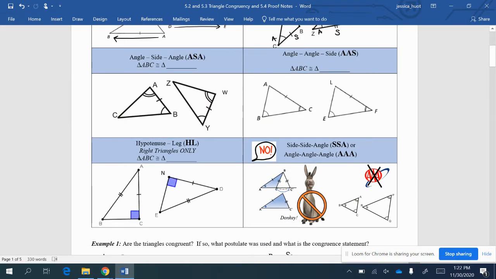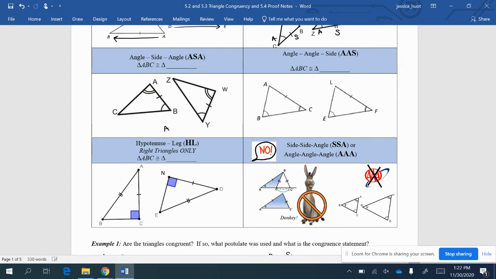And then I have angle, side, angle, where now I have 2 congruent angles and the side in between them is congruent. So here I have congruent angle and congruent angle, and then a congruent side.